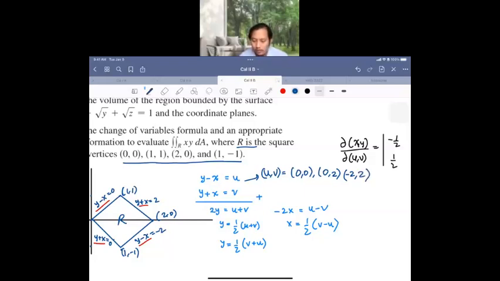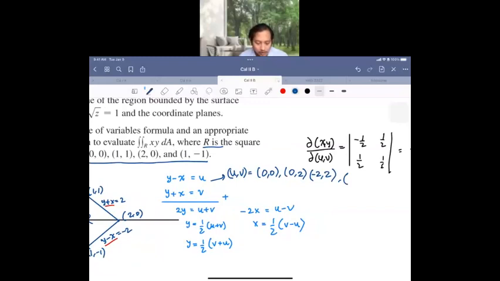And 1, -1 becomes negative 2 and 0. Right? Yeah, this is the new uv region.